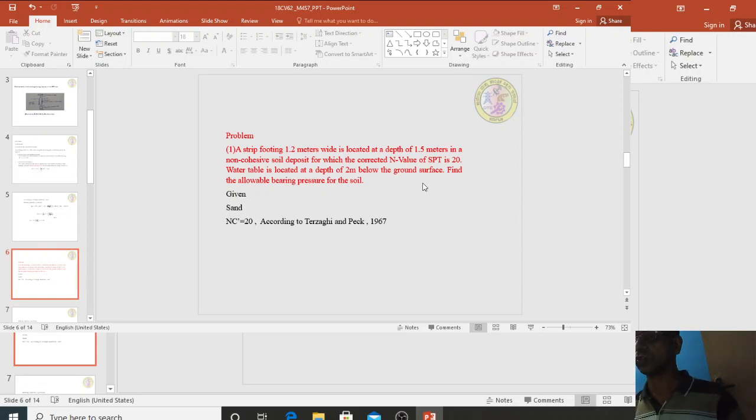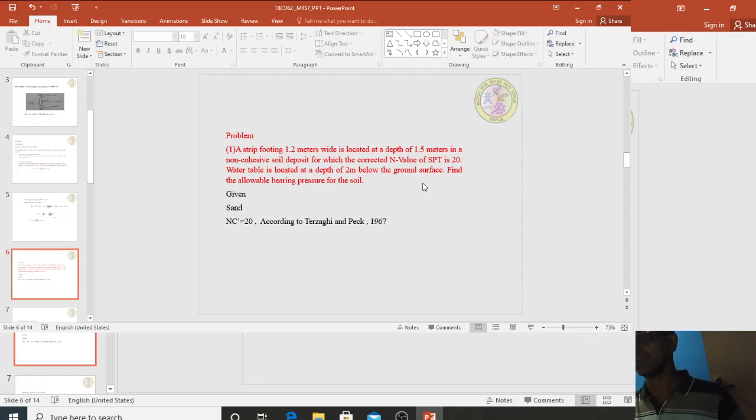So first and foremost, write down what is given. They are given sand: type of soil is sand, B is 1.2, DF is equal to 1.5 and water table is 2 meter. So NC dash is equal to 20.